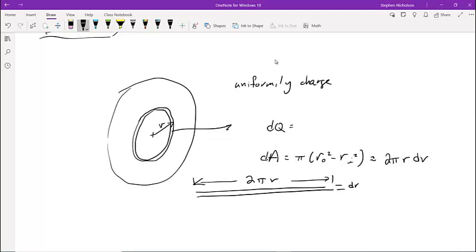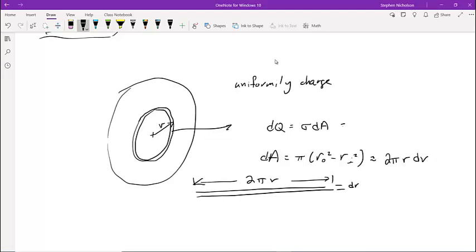Now the total charge is the charge per unit area times this differential area. Or you could say the charge per unit area is the differential charge divided by the differential area, either way. So that gives you the dq.